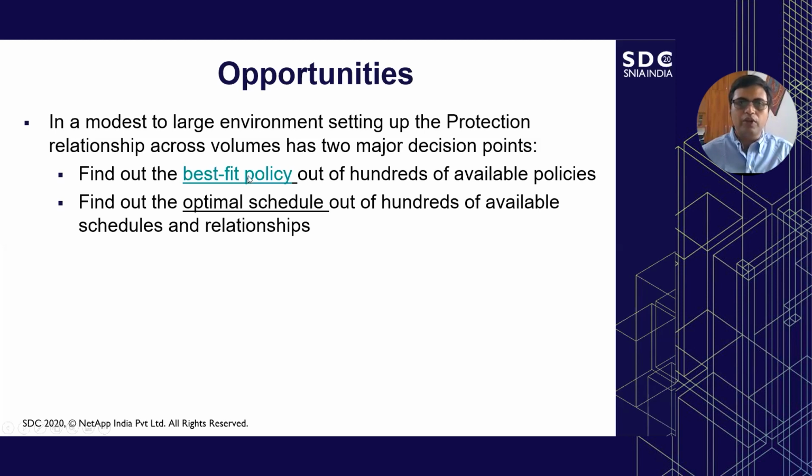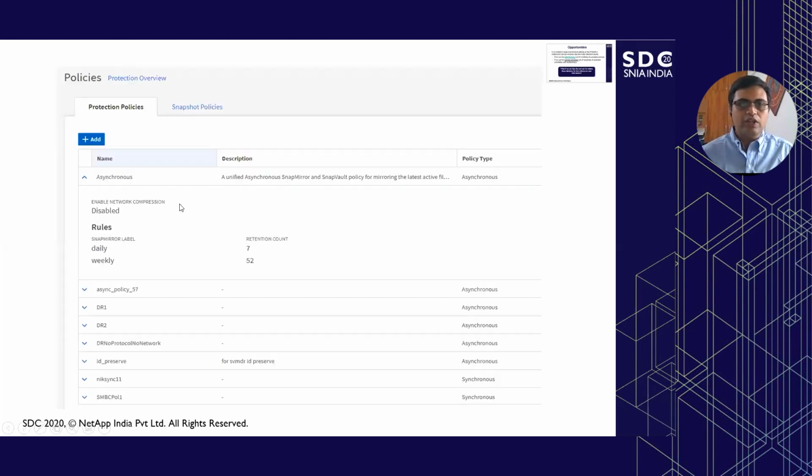I'll first show you what a policy looks like. A policy has a name, and then it basically tells what are the labels that will be associated to the snapshots and which need to be transferred, and how many such snapshots need to be retained in the destination. That will be given by the retention count. So the retention count here becomes our major point of concern.